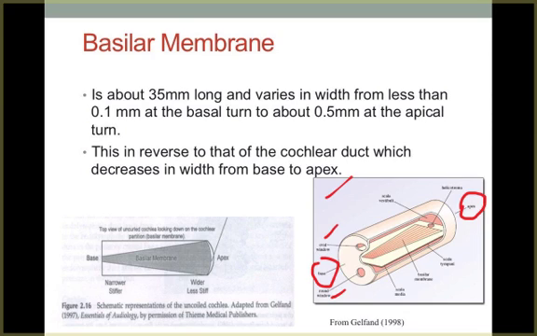So the stapes sits on the oval window right there, and that's where the stimulus comes into the inner ear. When the ossicular chain is moved by the sound hitting the tympanic membrane, the stapes footplate moves in and out of the oval window, moving the fluids inside the inner ear compartments.